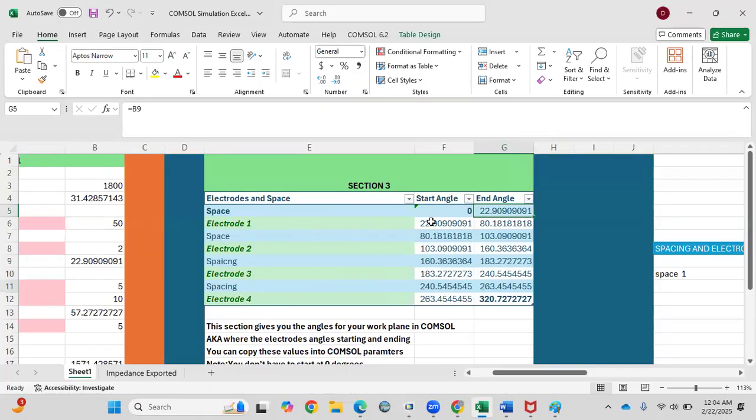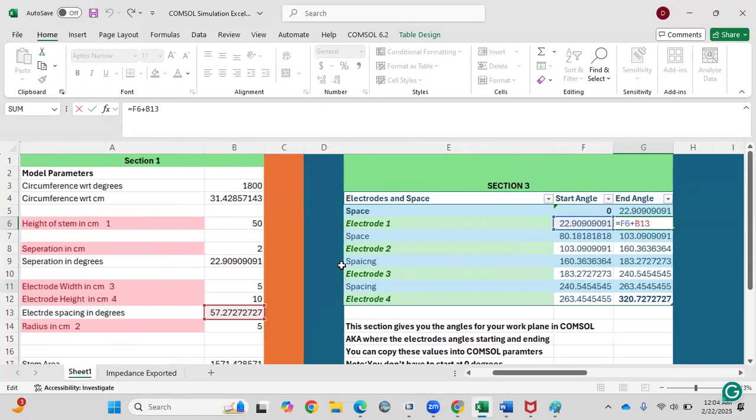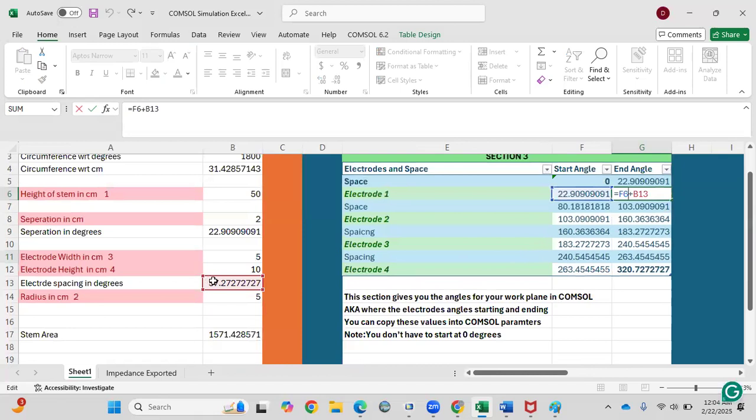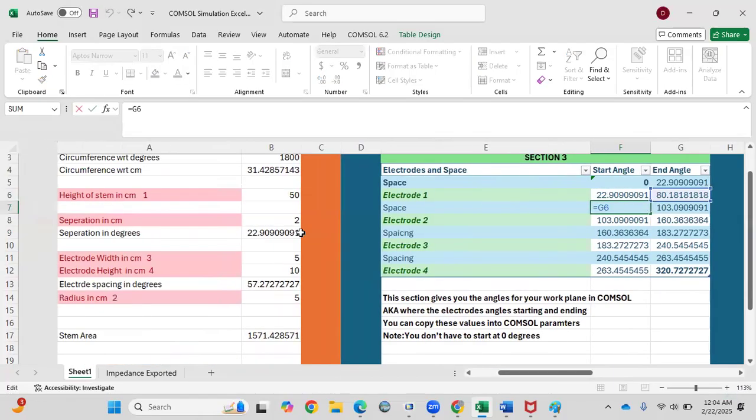Then the first electrode will start where the space ended, and it will go. So this basically is your starting plus the spacing for the electrode. And you just repeat: after the electrode is our space, so you just add the angle for our space.